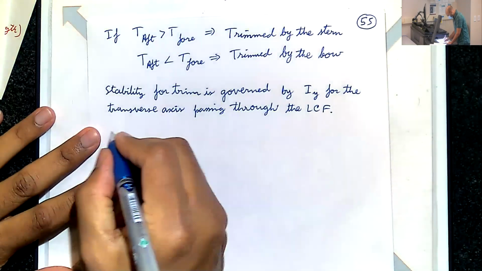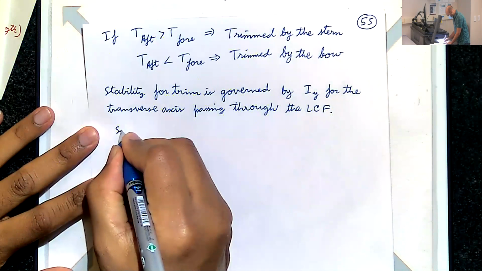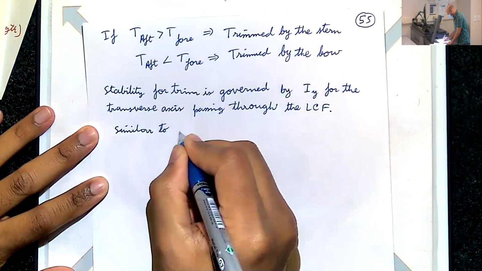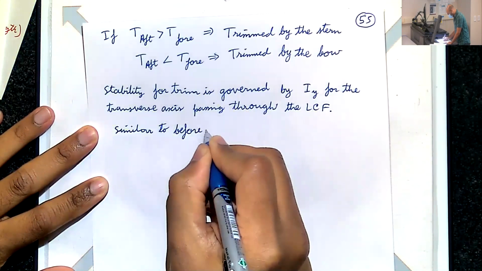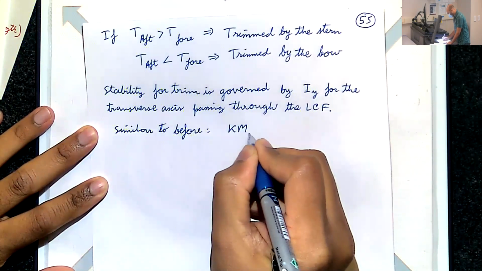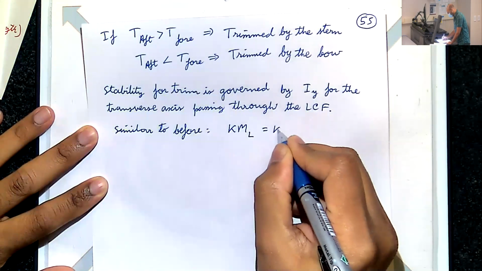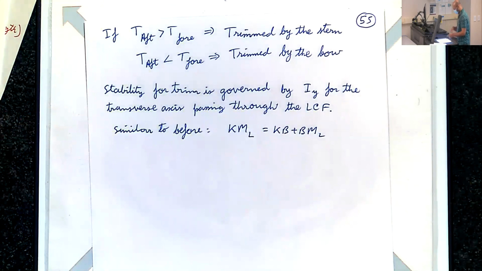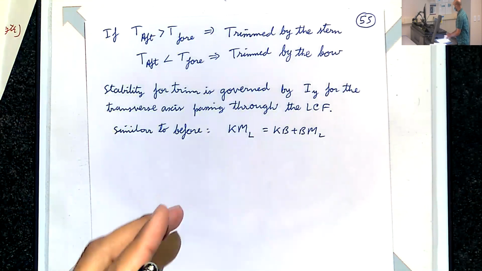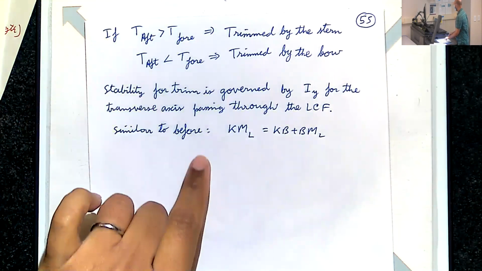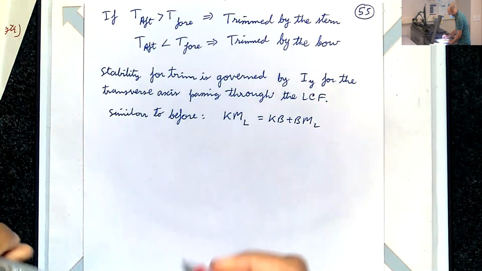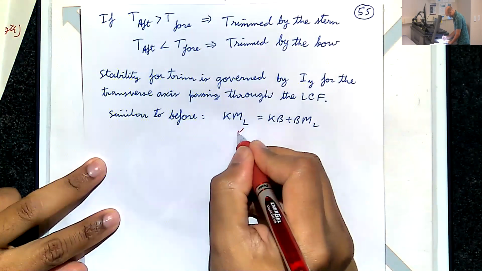Similar to before, we have KM longitudinal equal KB plus BM longitudinal. Every time we've talked about roll, we've talked about KM transverse. Now we are talking about KM longitudinal. So this is longitudinal.